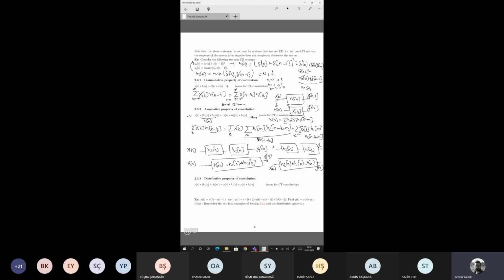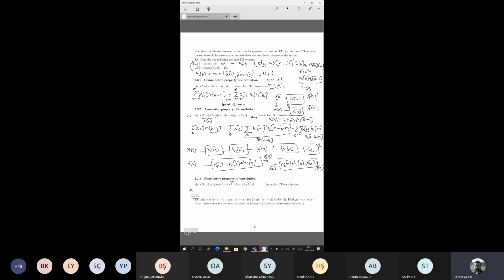The next property is the distributive property. It tells us that if you have two systems summed, h1 and h2, and x of n is convolved with this combined system, instead you can convolve with the systems individually, find the outputs corresponding to the individual systems, and sum.